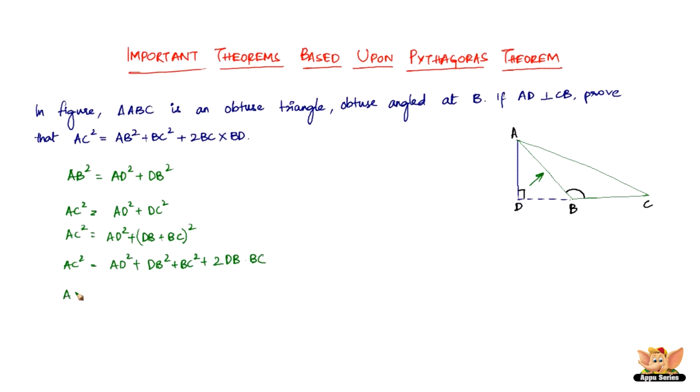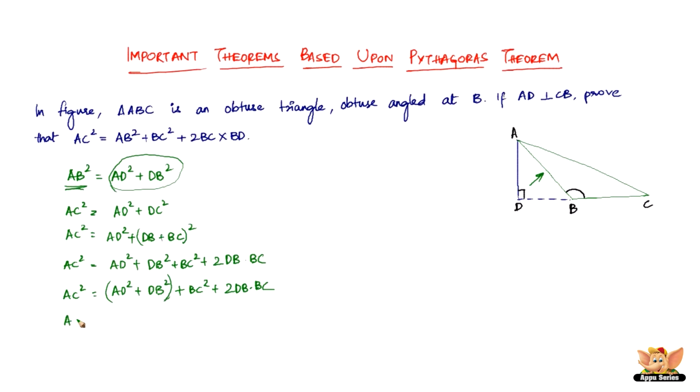And now we've got AC square equals AD square plus DB square plus BC square plus 2DB multiplied by BC. The only difference is let's group AD square and DB square. The reason we're doing this is because AD square plus DB square gives you AB square.